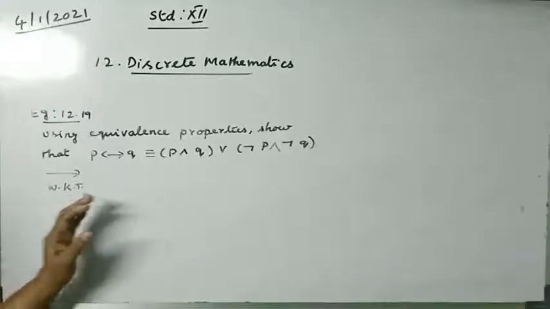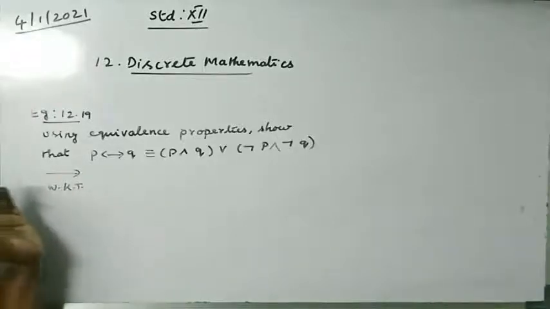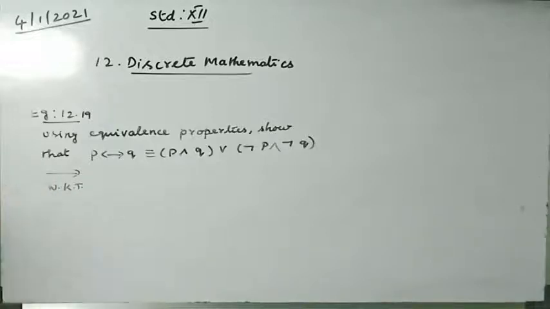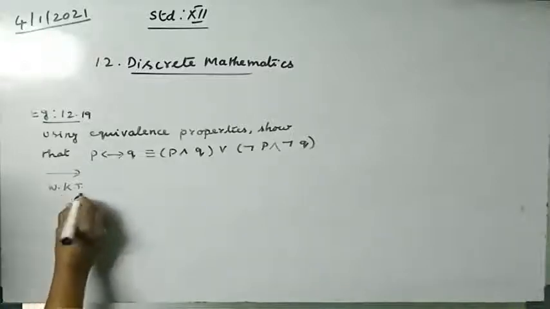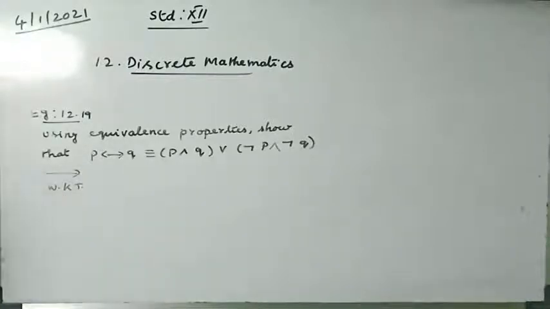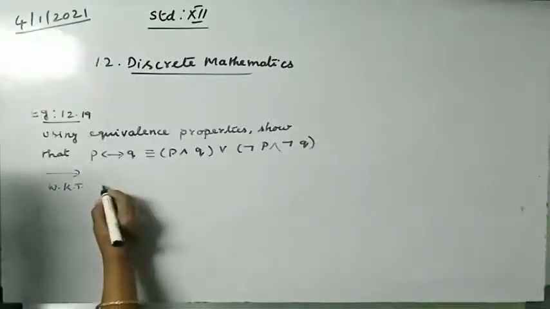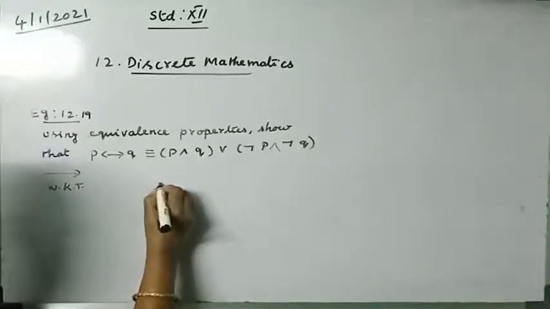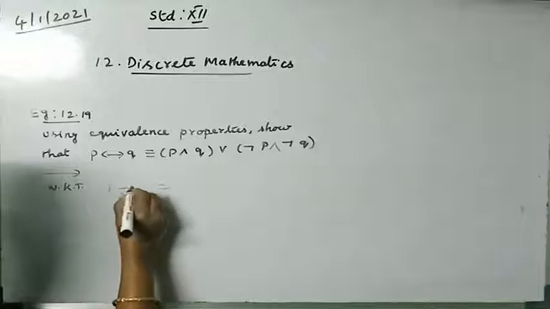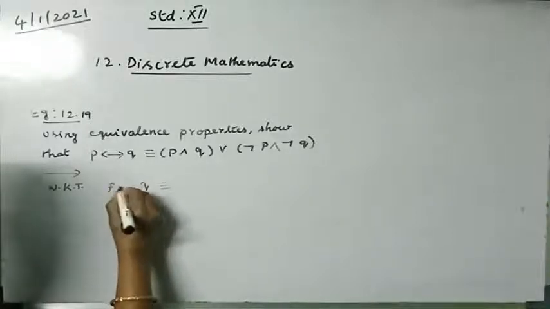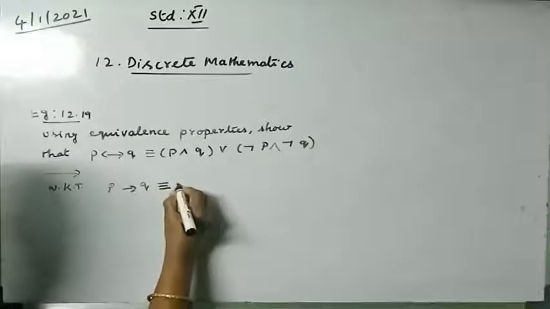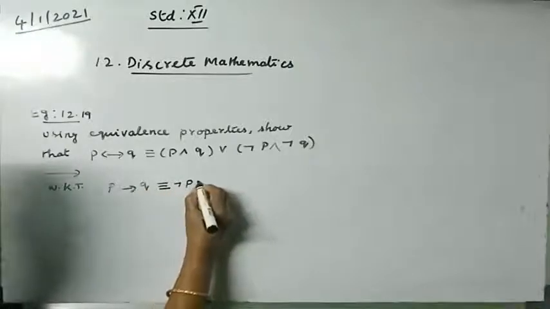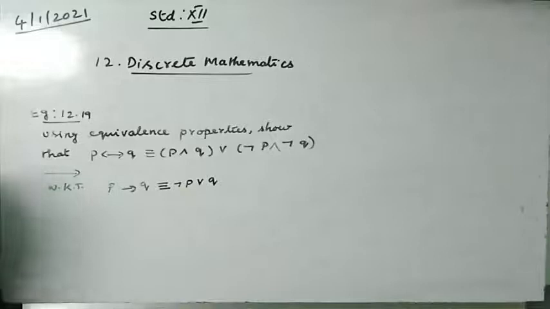Don't use truth table. Truth table use பண்ண சொன்னா it is very easy. But here equivalence properties வச்சு use பண்ண சொல்லியிருக்காங்க. And now we know that ஒரு சில problems செய்யும்போது நம்ம வந்து ஒரு property gain பண்ணியிருக்கோம். That is conditional property, if P then Q is equivalent to negation of P or Q அப்படின்னு எழுதலாம்.